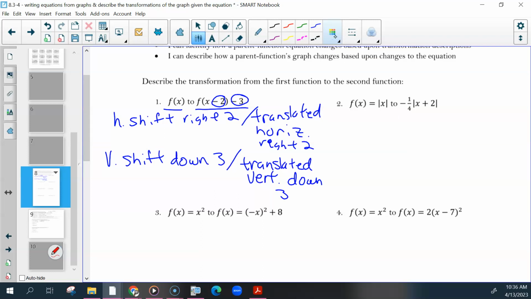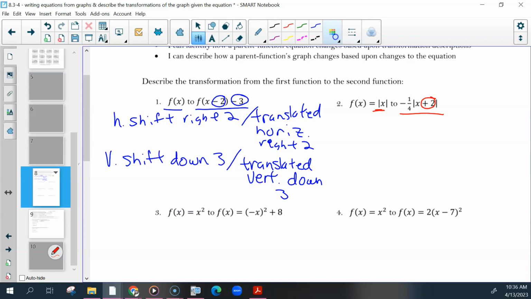So from this original parent function, the absolute value, what changed? We can just talk about the numbers or different symbols for now, and then we'll talk about the actual transformations. So from here to this, what's different? What does this one have that this one did not? +2.